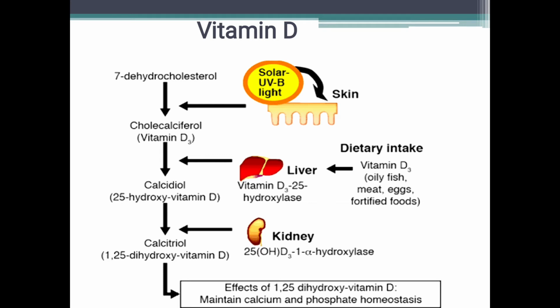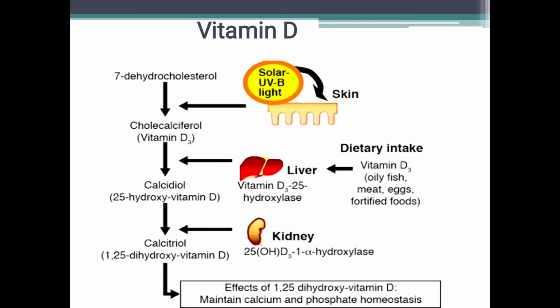Now comes how the calcium ion concentration controls the formation. Whenever the calcium is less, the parathyroid hormone will be secreted. The secreted parathyroid hormone causes the conversion reaction, 25 to 1,25. When the calcium level is high, no parathyroid hormone will be secreted, so no conversion will occur.